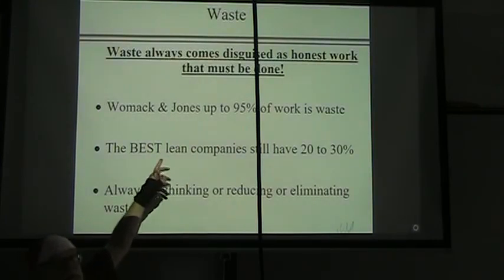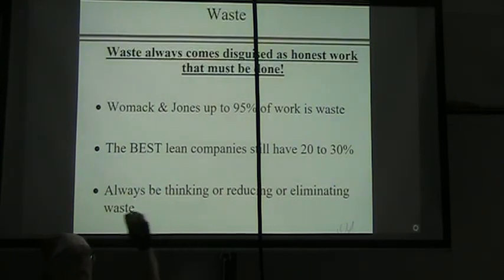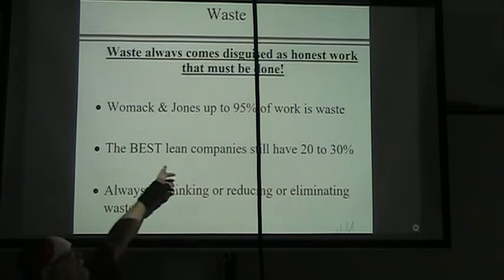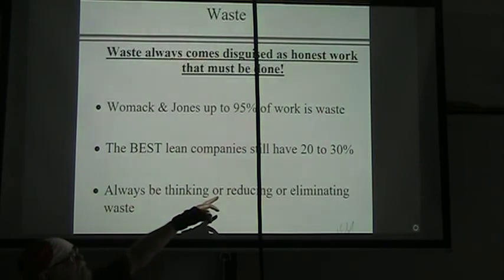Womack and Jones, in their book Lean Thinking, say that if a factory has been operating for a long time without being leaned, 95% of the work done there is probably waste. The best lean companies still have 20 to 30%.